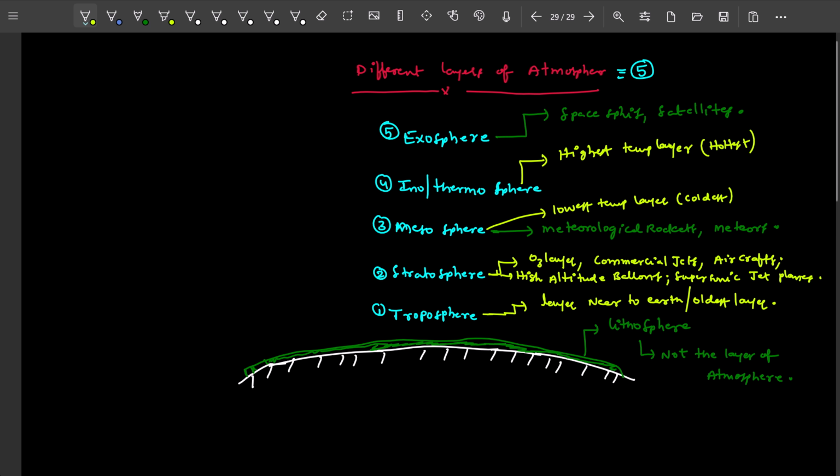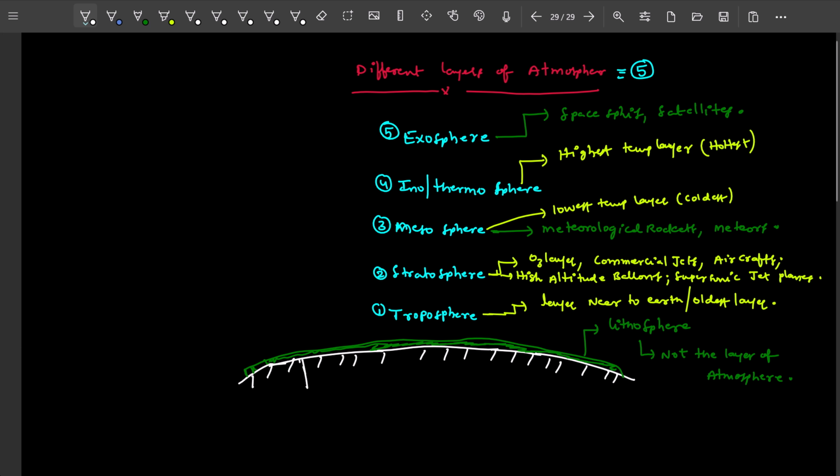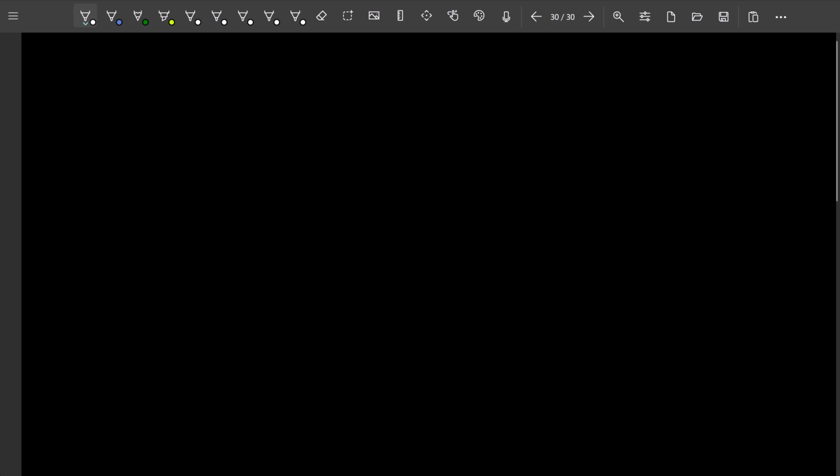This white color is nothing but earth. Next we will write some facts about all these things.